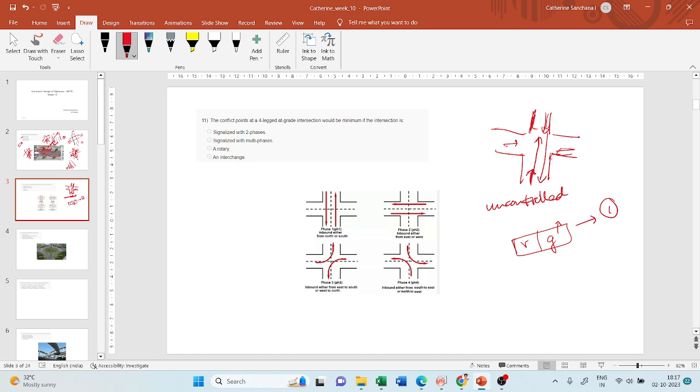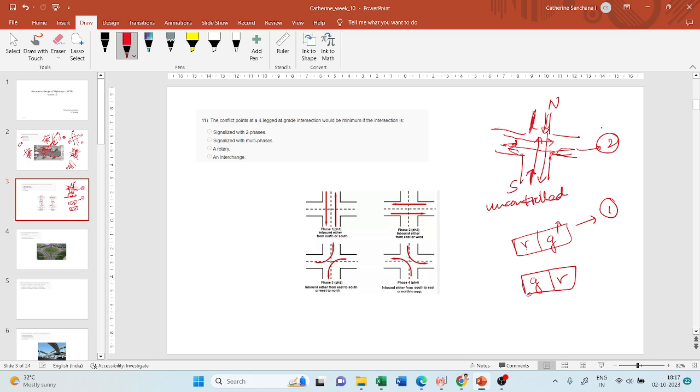Then after this, the north south traffic will first get a red and then a green, during which they will make a movement in the north south direction. Now after that, they will get a green and then a red. When the vehicles in the north south direction are at a stop, the vehicles in the east west direction will make a move. This we will call the second phase.